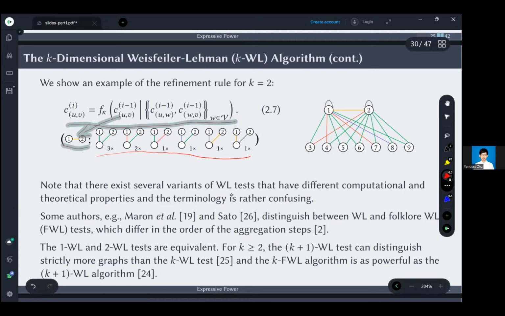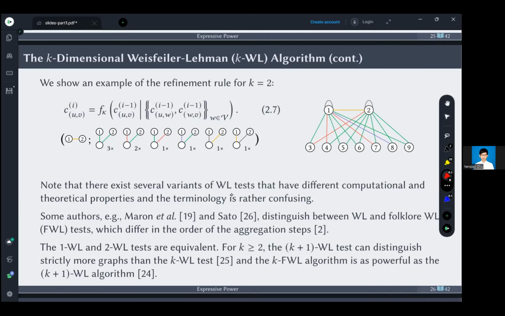Some terminology differences: when I looked at the literature on the higher-order Weisfeiler-Lehman test, there are a bunch of terminologies that are confusing to me.